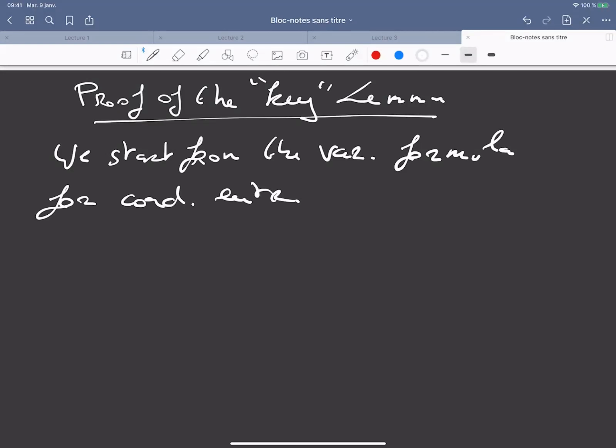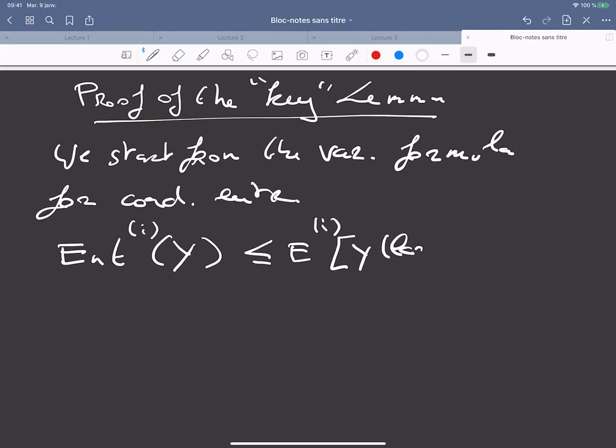So this ensures that the conditional entropy is always smaller than the conditional expectation of y times (log of y minus log of yi) minus (y minus yi).